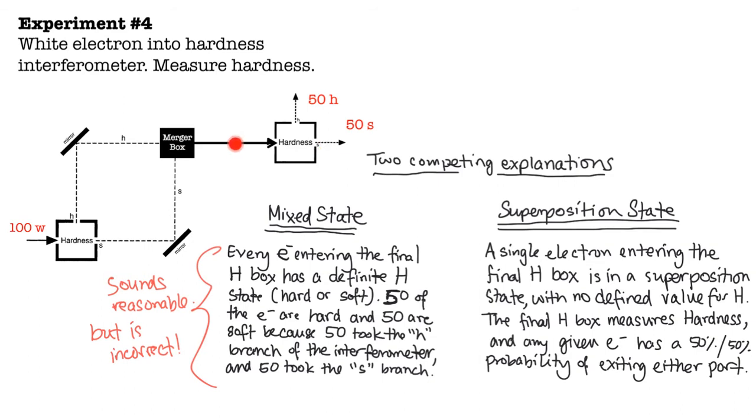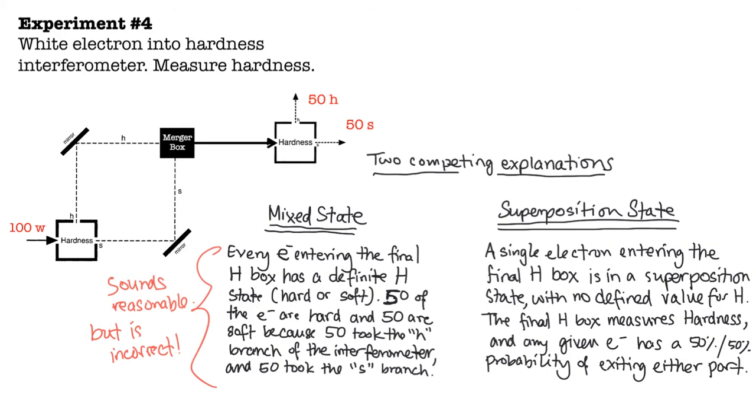And so when it enters this hardness box, any one given electron has a 50% chance of emerging from the H port and a 50% chance of emerging from the S port. So both of these explanations predict 50 hard and 50 soft electrons.